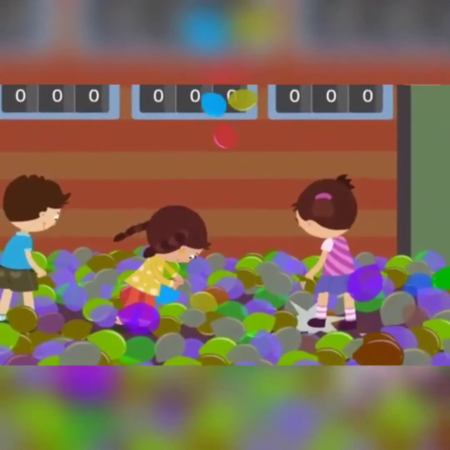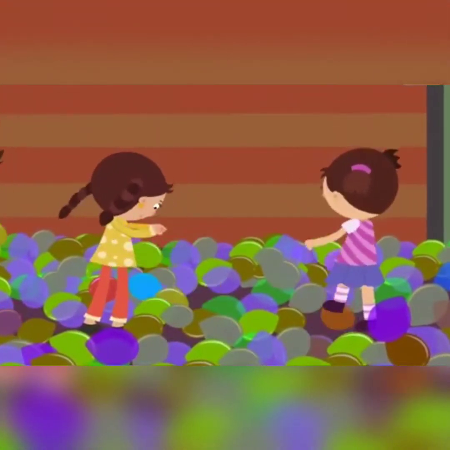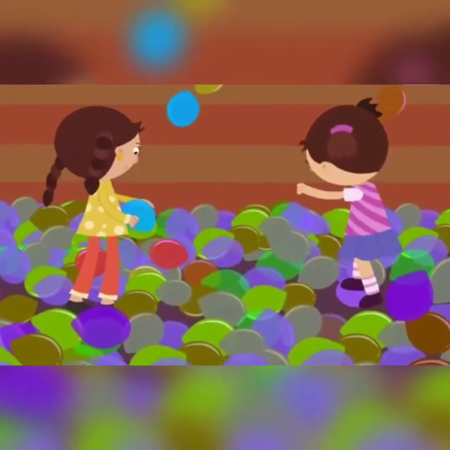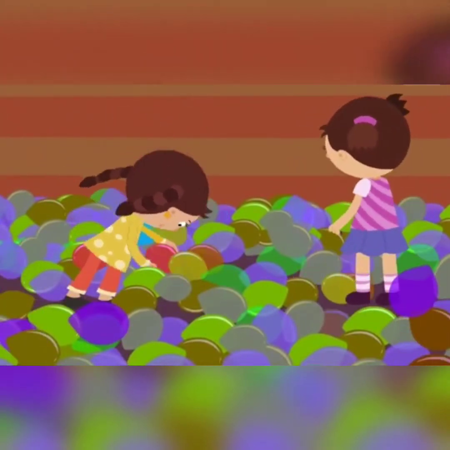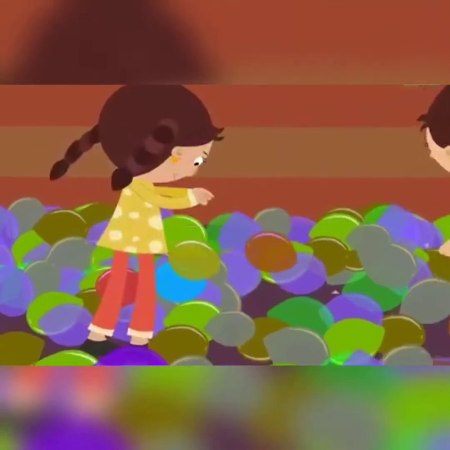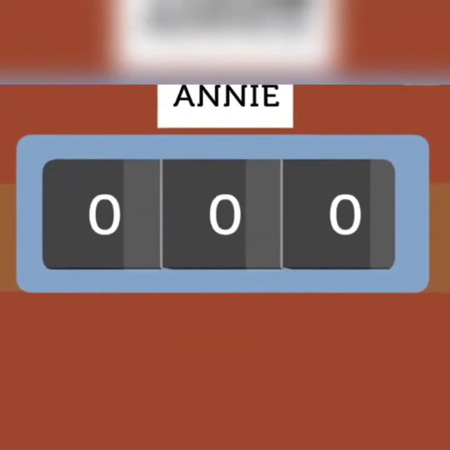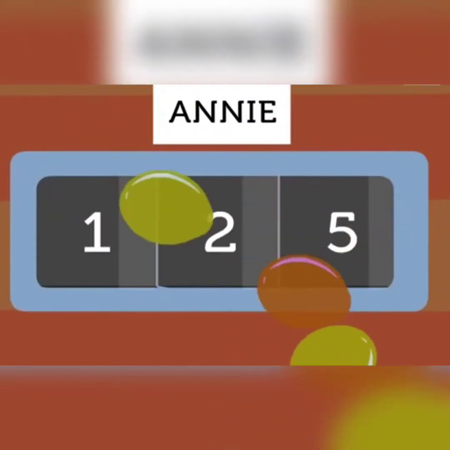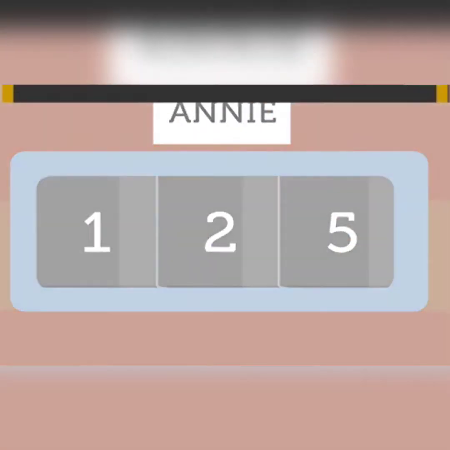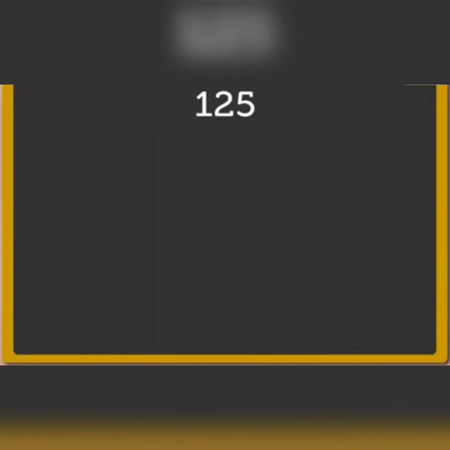Now look at these 2 kids playing the balloon bursting game. One is Amy and one is Annie. Here, Annie has burst 125 balloons in all. 125 has 1 hundred, 2 tens and 5 ones. The place value of 1 hundred is 100.